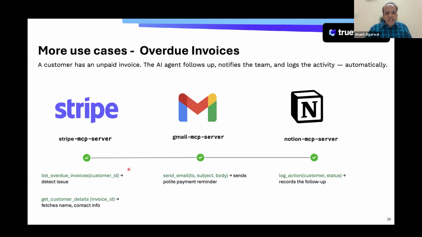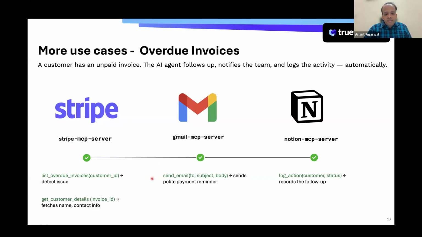A customer, let's say, has an unpaid invoice. And what you want is for the AI agent to follow up, notify the team, and log that activity automatically. So let's say the invoice is on Stripe. You want to list overdue invoices and get the customer details, right? These functions will be automatically discovered by your agent application.